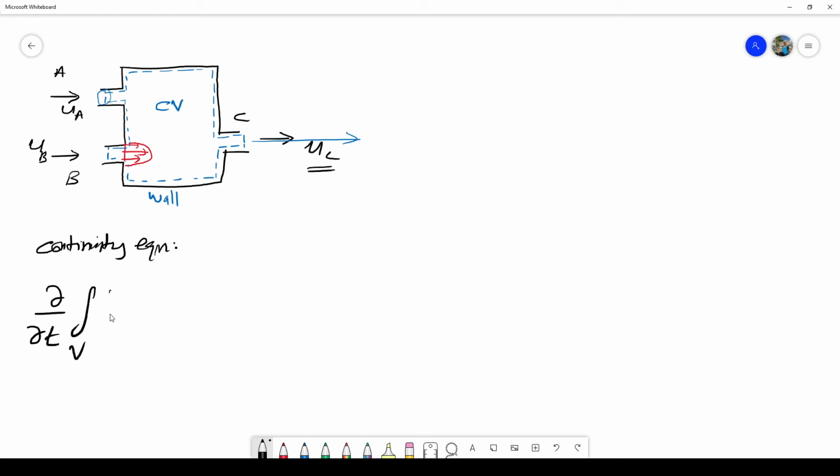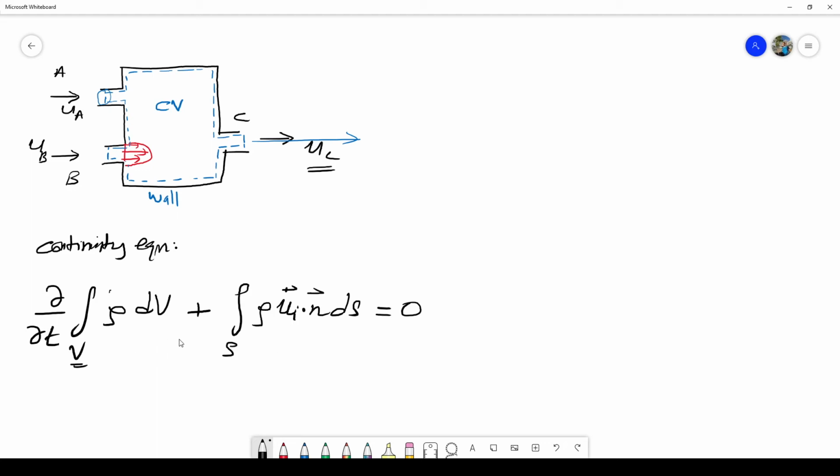We have the integral of rho dV, and I just use one integral symbol here, but this actually represents the triple integral over the control volume, plus the integral over the control surface of rho u_i dot n dS, and all of this is equal to 0.